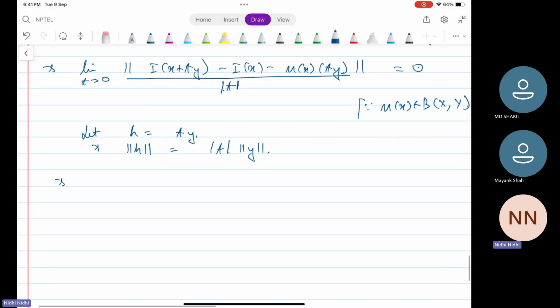This implies limit t tending to 0 of I(x plus ty), so ty is h now, and this will go to 0 as t tends to 0 because y is fixed. Y is independent of t basically.